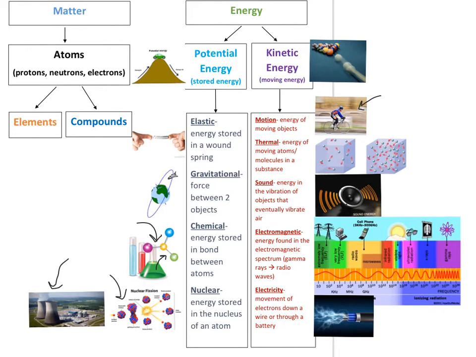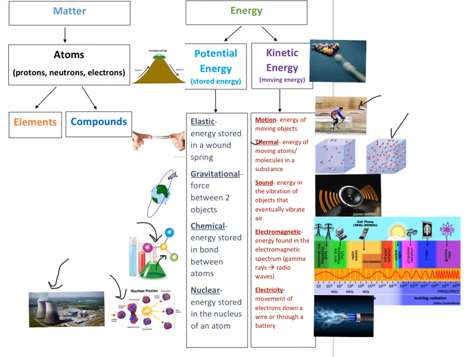But if we take a look at the molecular level, we can also look at how molecules are moving. The faster they move, the more energy they have. The slower they move, the less energy they have. When we look down at the atomic and molecular level of their movement, we call that thermal energy. So that's our second type of kinetic energy, thermal energy.